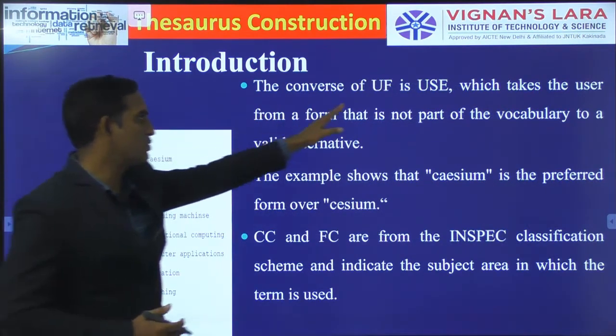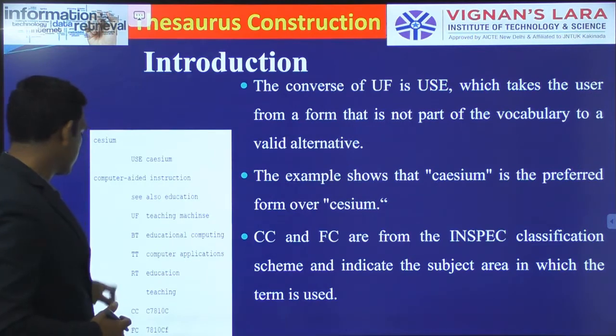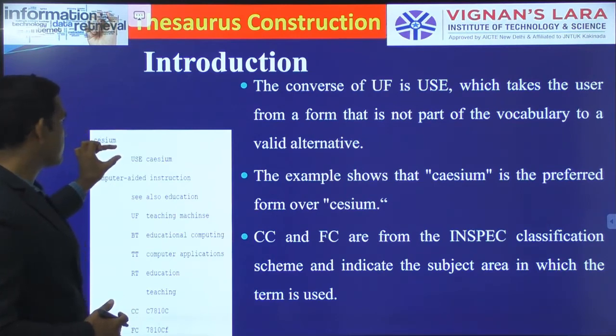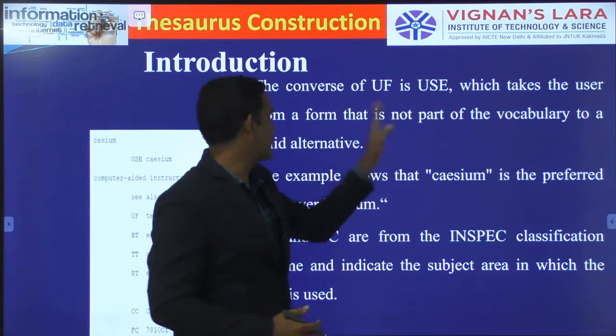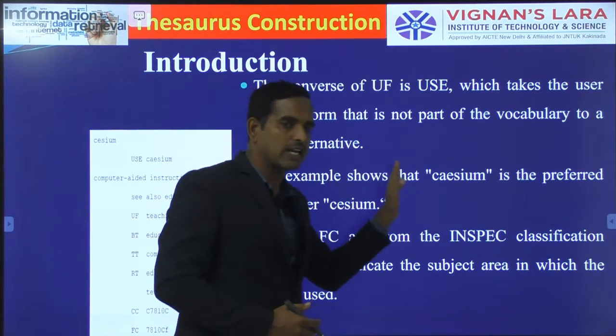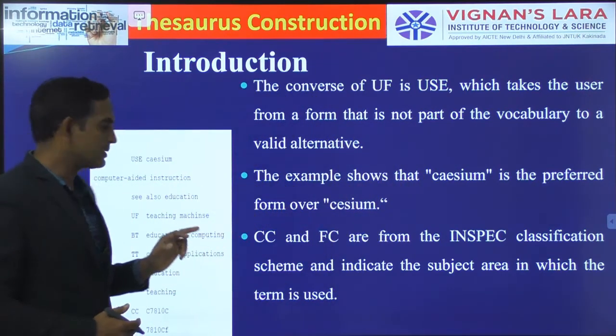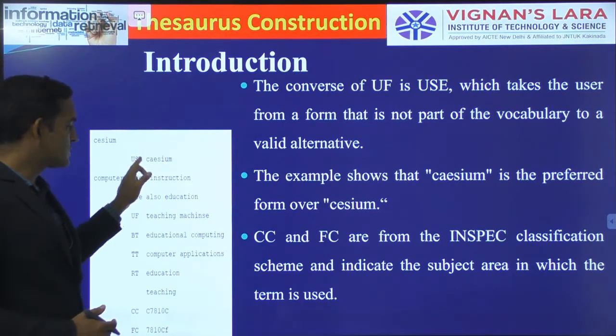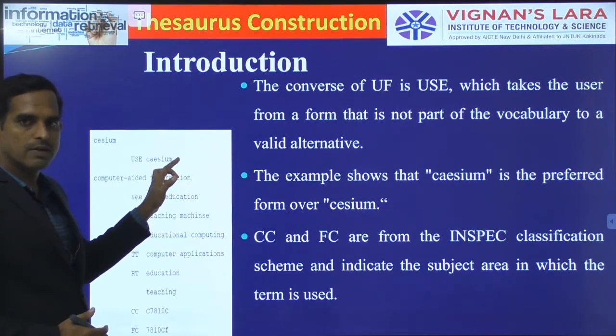The converse of UF is USE. UF is the related term, and the converse is USE, which takes the user of a form that is not part of the vocabulary to a valid alternative. So if this is not part of the vocabulary, you will use this other word.